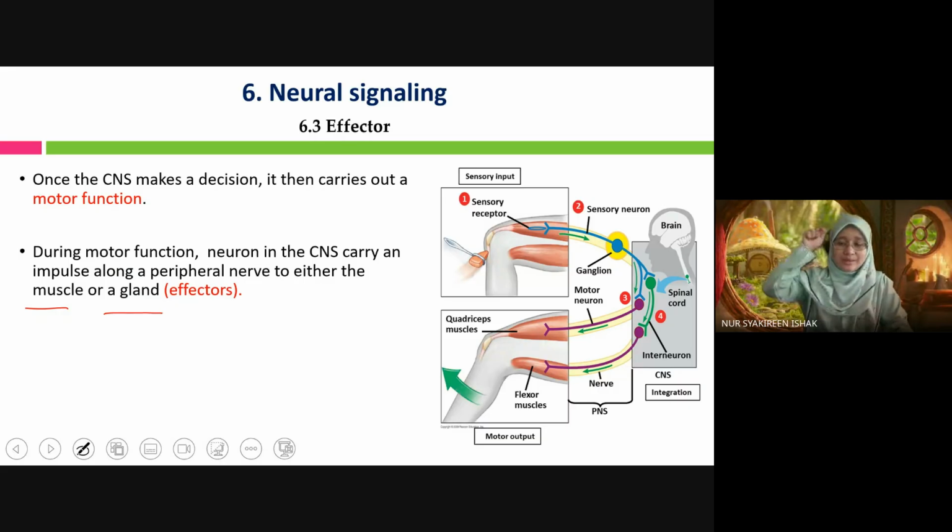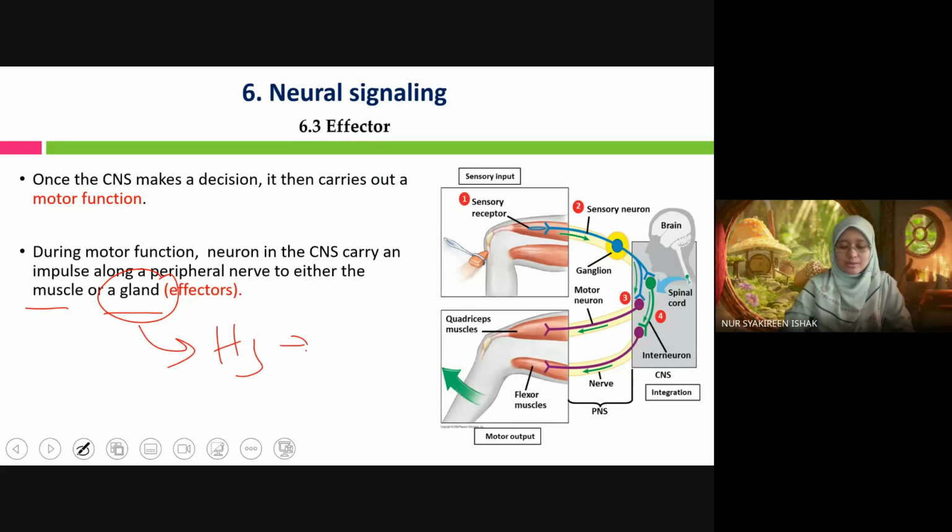So when the neuron is stimulated, it triggers the posterior pituitary to release the oxytocin into your blood to reach your uterus, to cause the uterus to contract during childbirth. So the gland, for example the hypothalamus, causes the posterior pituitary gland to secrete oxytocin. Okay, oxytocin.